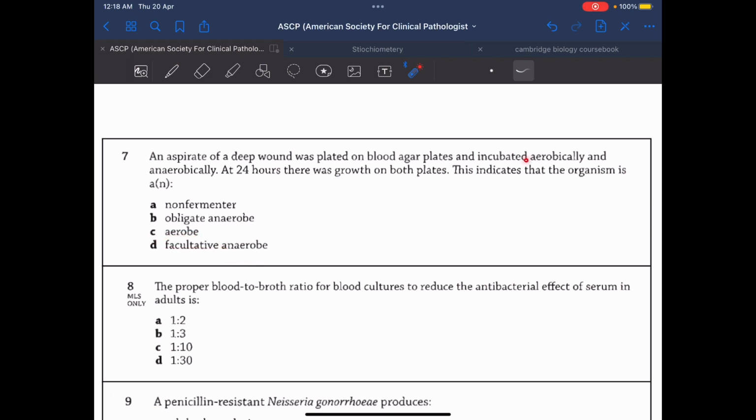We know that aerobically means in the presence of oxygen. Anaerobically means absence of oxygen. Facultative anaerobes are organisms that can grow under both aerobic and anaerobic conditions. So the correct answer is facultative anaerobe, which can grow both aerobically and anaerobically.